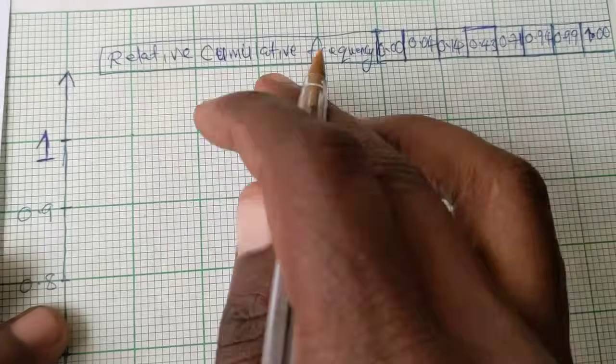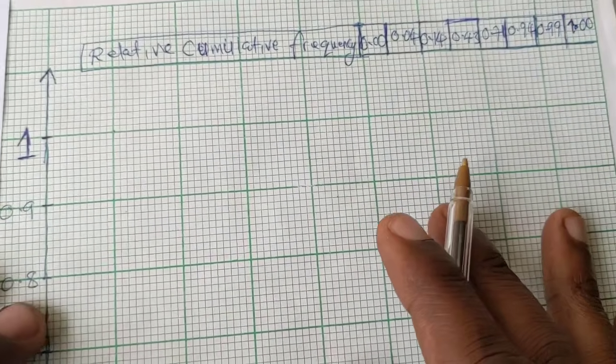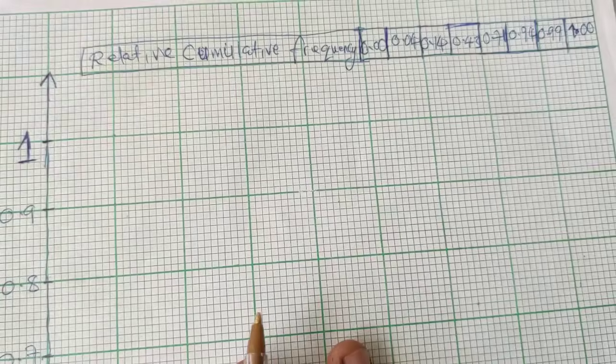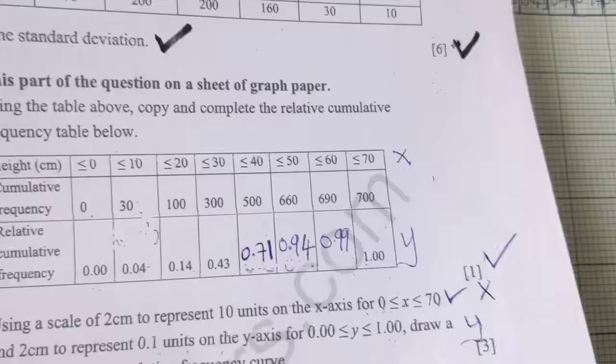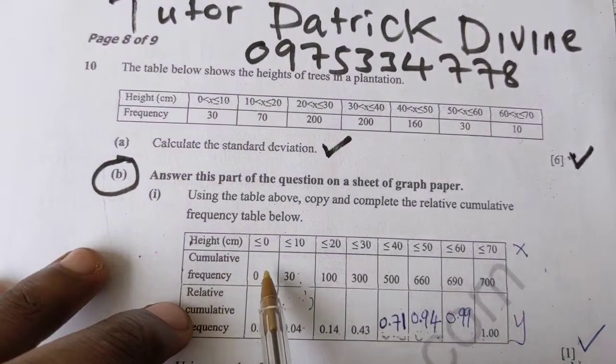For this you are getting 1 mark. So you already got this mark from there. Then now you just have to be plotting.